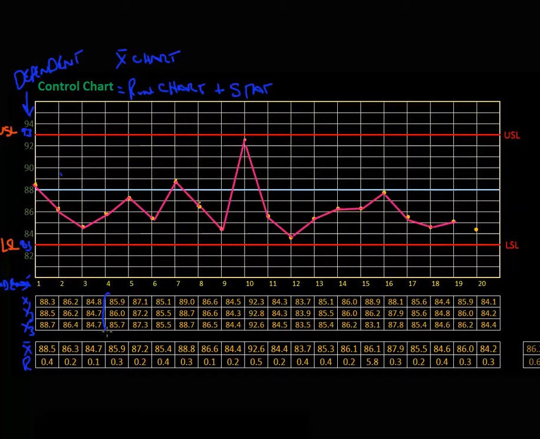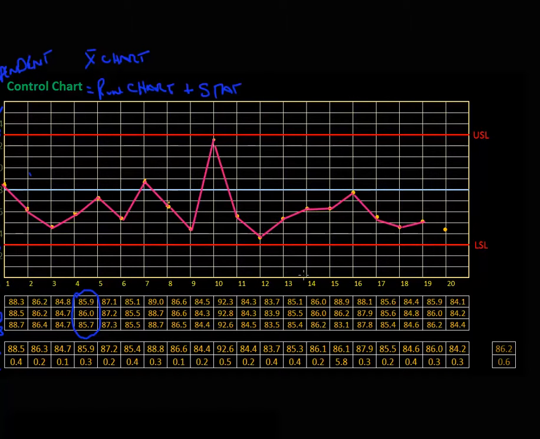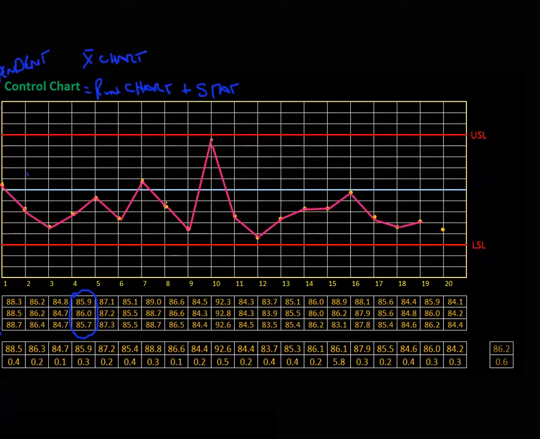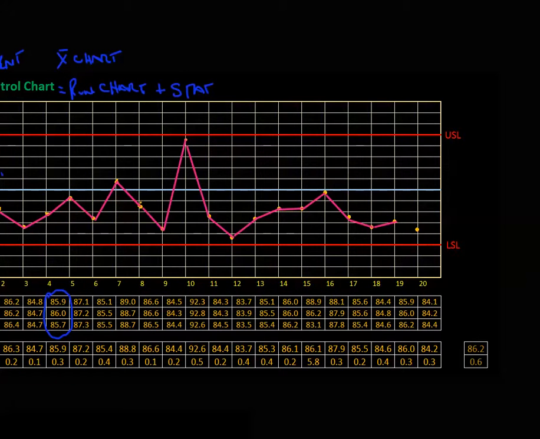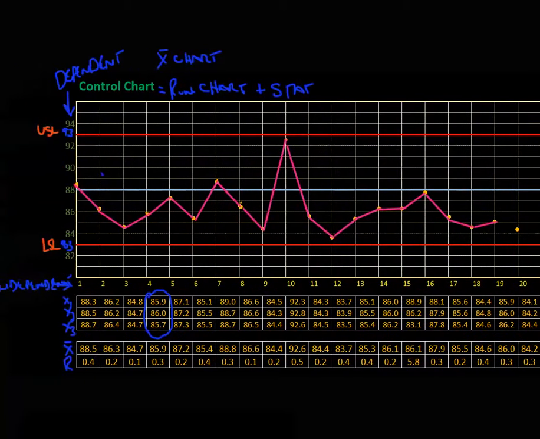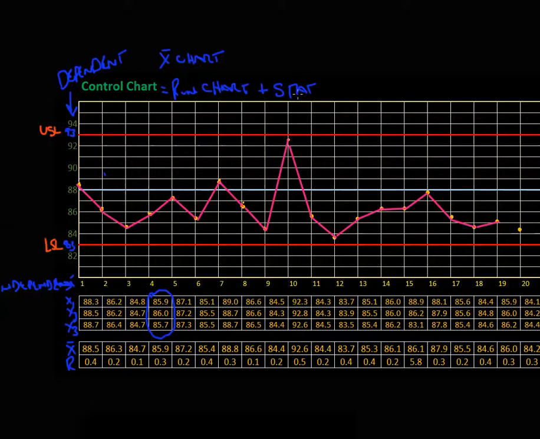These are called subgroups. So you need a minimum of say 20 to 25 before you calculate your control limits. Control limits, the statistics I mentioned, are what make a run chart into a control chart. So we're going to talk about control limits right now.